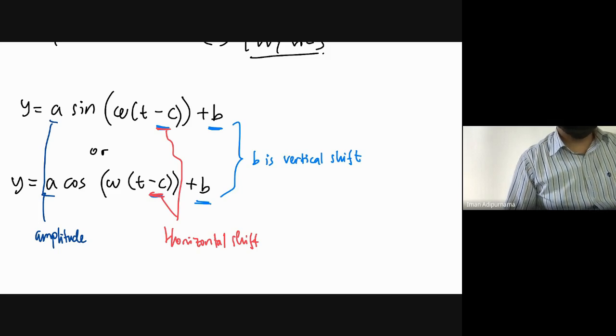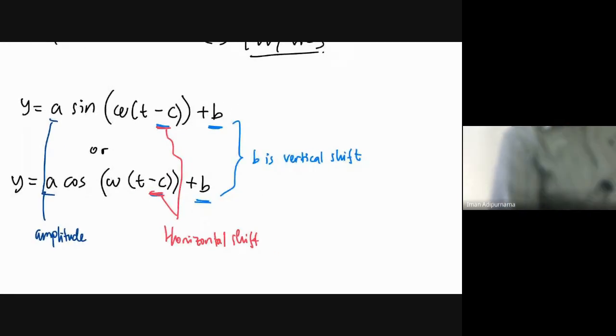But I think I will not go into details about the simple harmonic. This is to show you that our trigonometric function we can write in terms of amplitude. We have the omega here, we have the difference in the angle, and there are a lot of applications with this simple harmonic. We can apply this to simulate the wave, also the electromagnetic pulse.